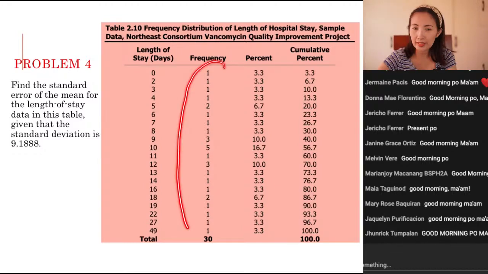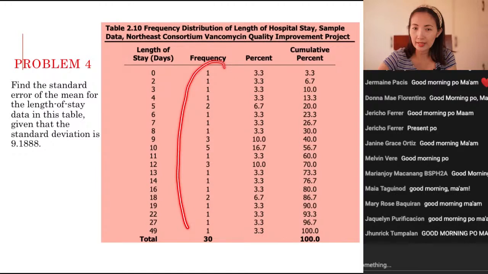The total is 30, because 1, 2, 3, 4, 6, 8, 12, 17, 21, 23, 26, 28, 30. Correct, 30 patients.